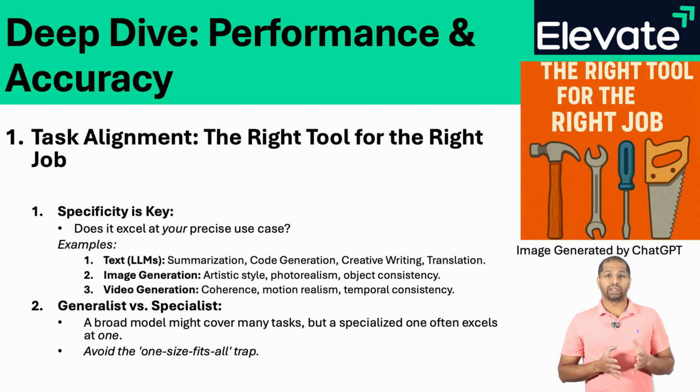For text based applications, if your goal is summarization, you will prioritize models known for factual accuracy and conciseness. For code generation, you need syntax accuracy and logical flow. And for creative writing, fluency and imaginative output are key.